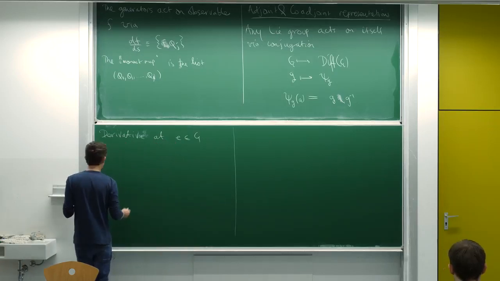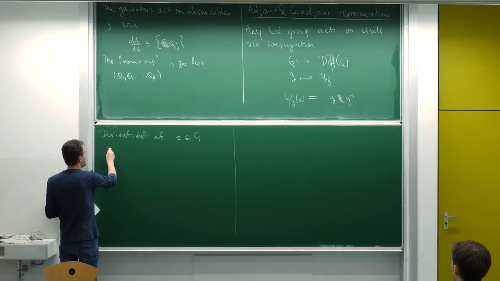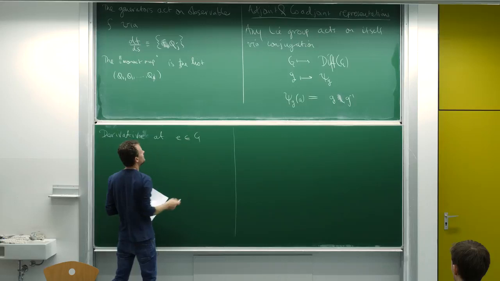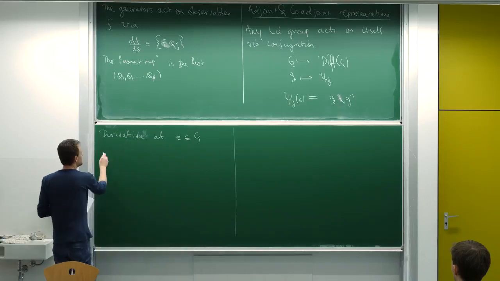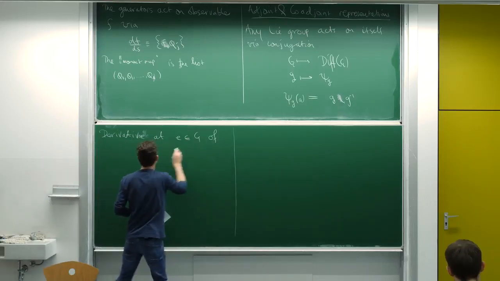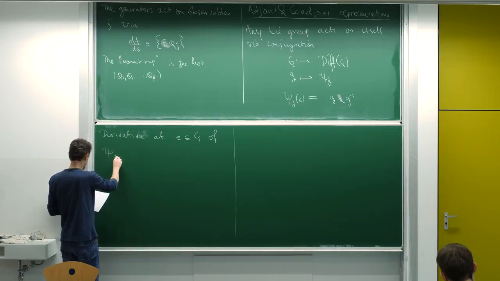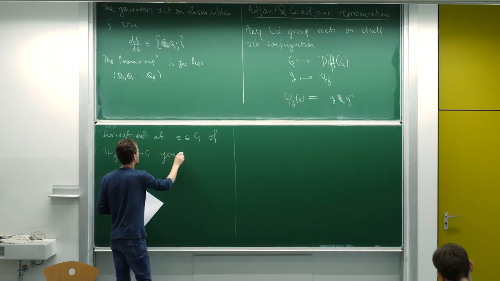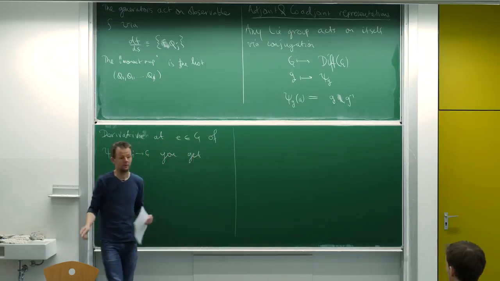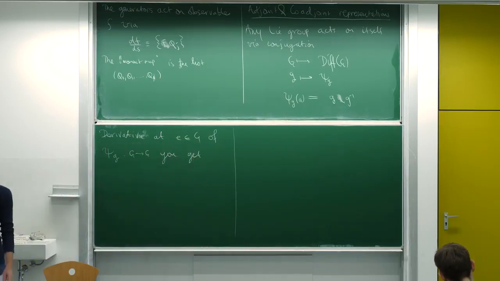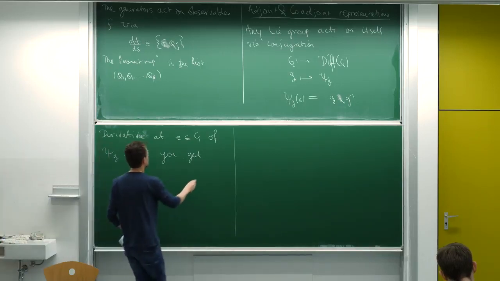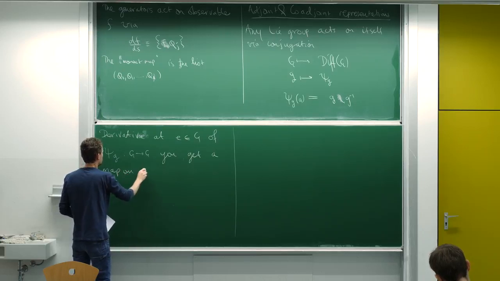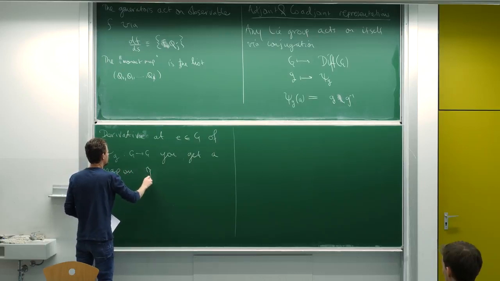If you take the derivative at the identity of the Lie group of this conjugation map, psi, then you get a map on left invariant vector fields. The left invariant vector fields is this Lie algebra.